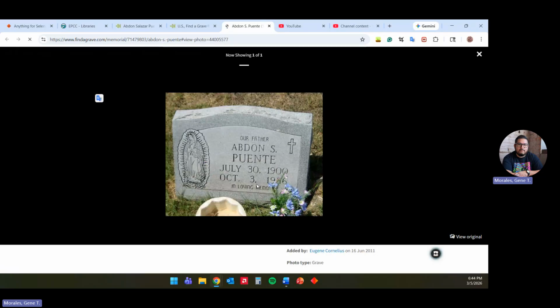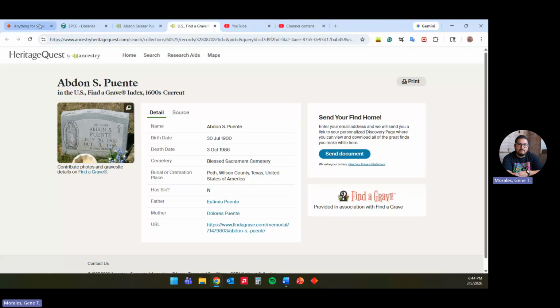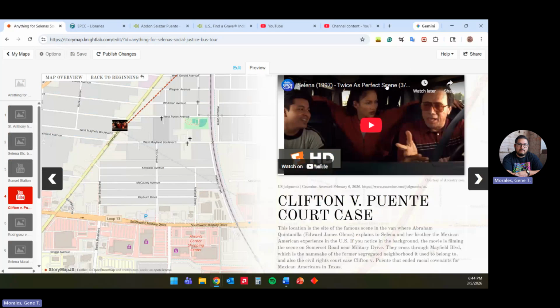So when he deceased, he lived up to 86 years old, and he actually was able to live in that house that it was located in. And this is just a pretty interesting, unique court case that we start seeing is tied to this location where this scene was at, which is just a coincidence, really.